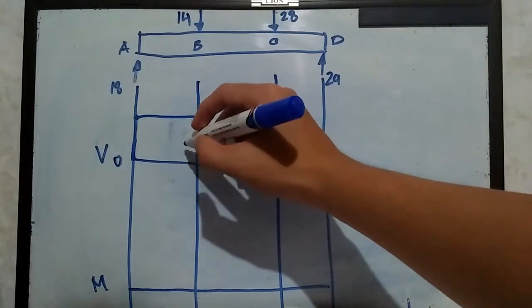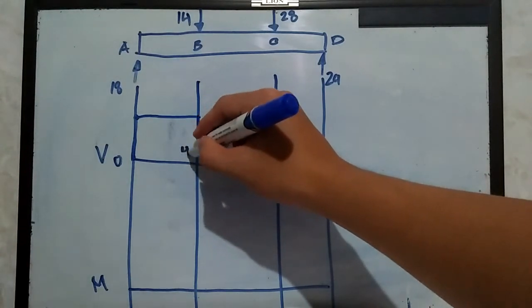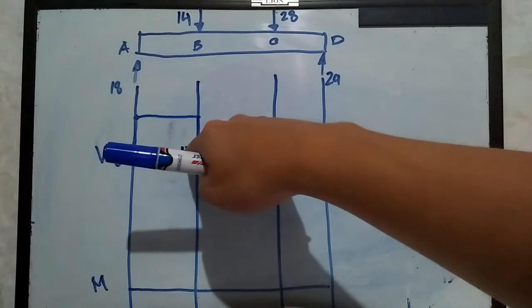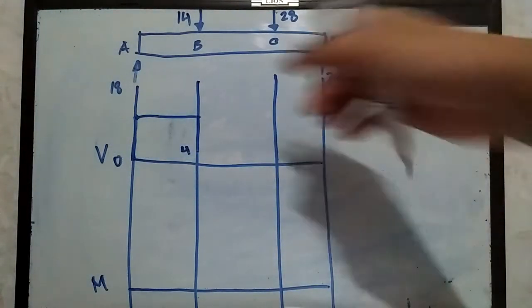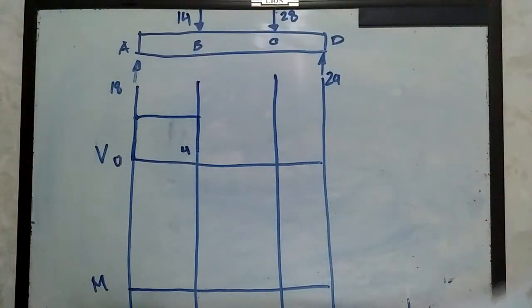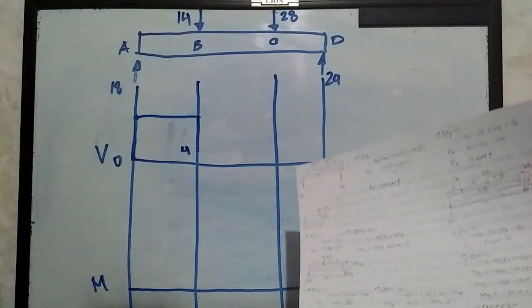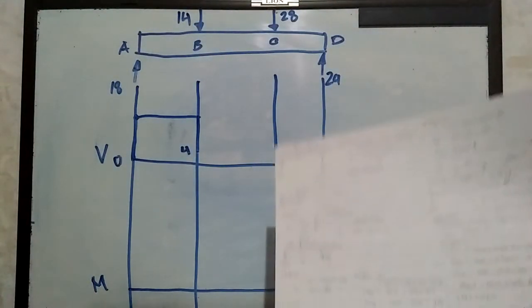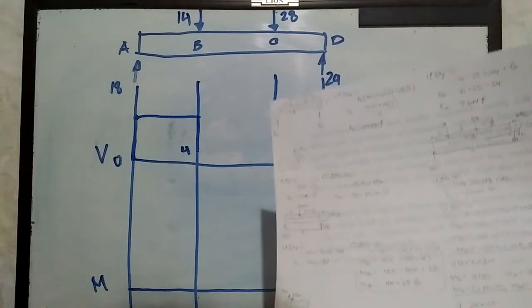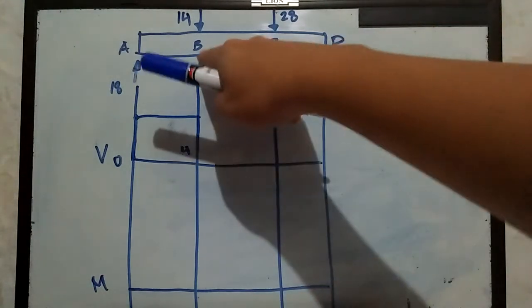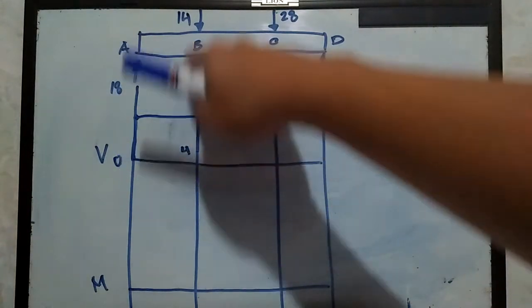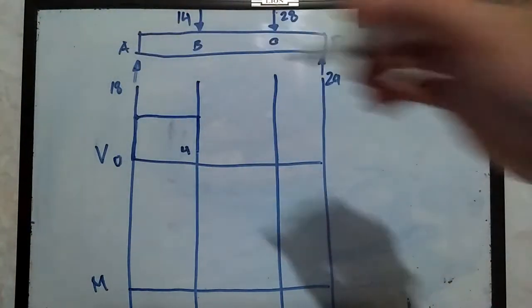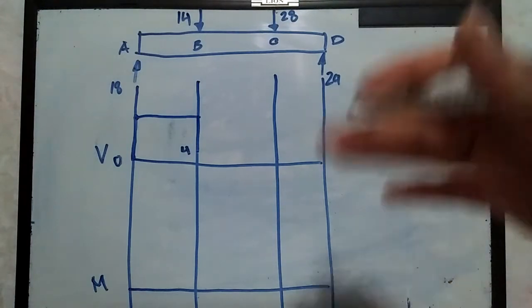So this is 4, because 18 minus 14 is equivalent to 4. And the shear force that we managed to solve at section AB is equivalent to 4 units too, right? There was 18 there. So upon arriving at B, we managed to solve 4 because that is the shear force at point B, if you can recall in our previous parts.